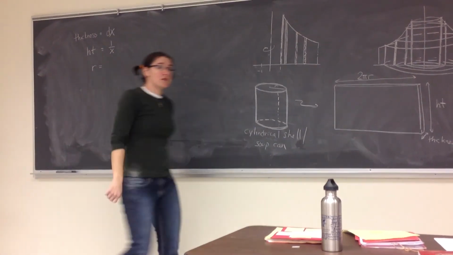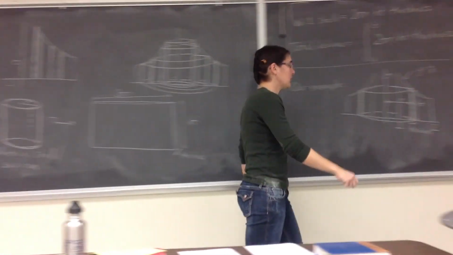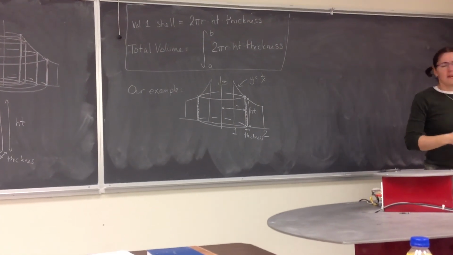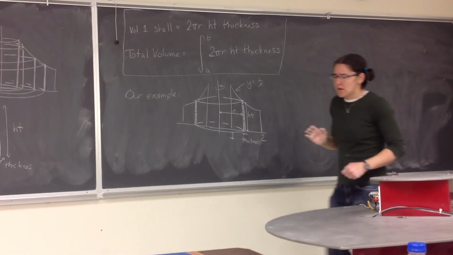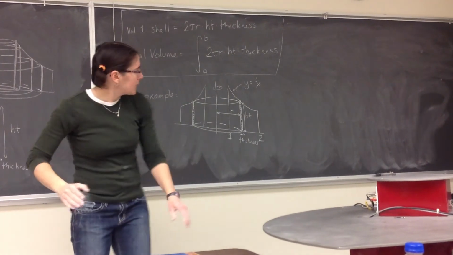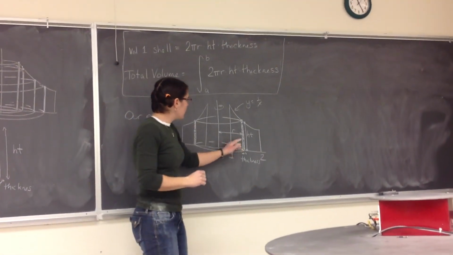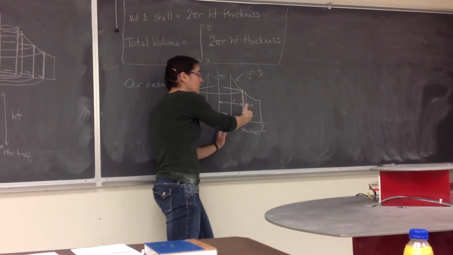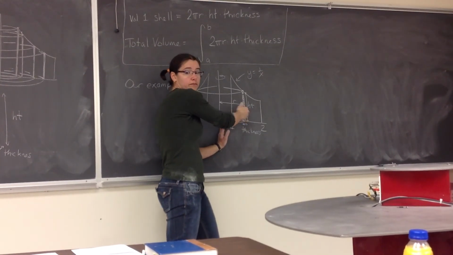And our last value is the radius. And this is the one that's a little bit strange, so I want you to think about this one a little bit. But the radius goes from the y-axis out to the wall of the shell.